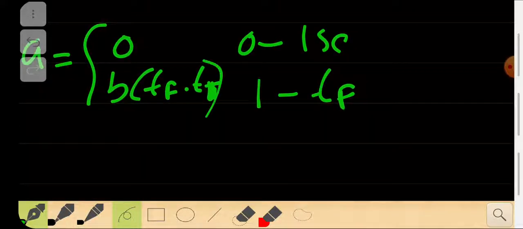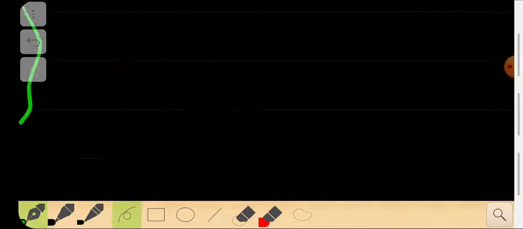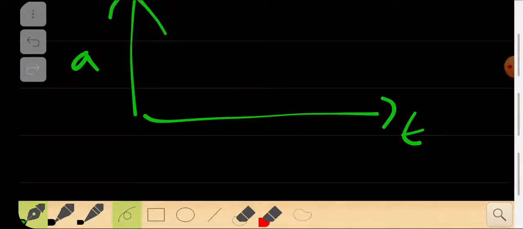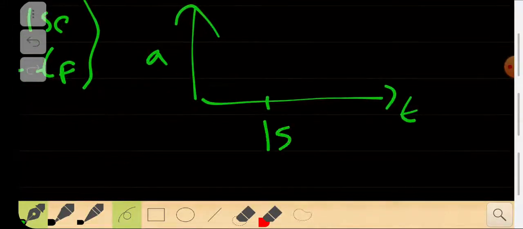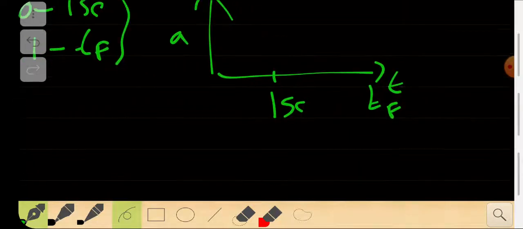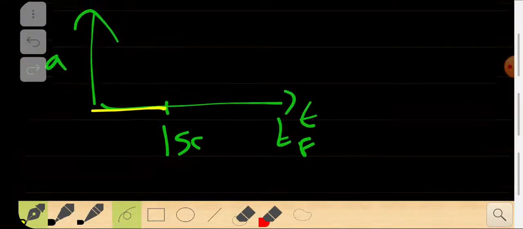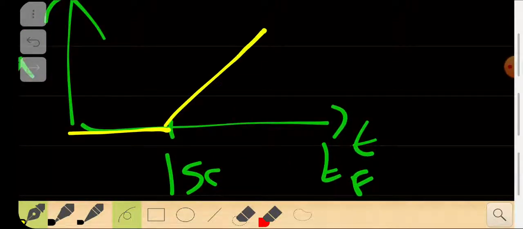I need to see how this looks in a graph, so let's draw that plot, with the x-axis being time and the y-axis being acceleration. For the first second the acceleration is 0, so the plot is straight at 0. Then after the first second it will be b times delta t, proportional to t final minus 1, so it will be a line that looks something like this.